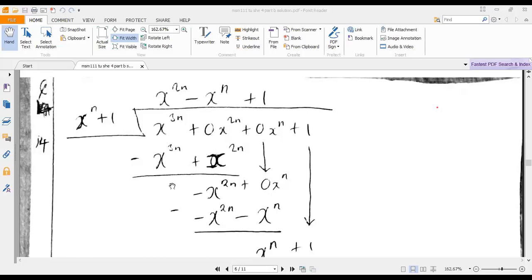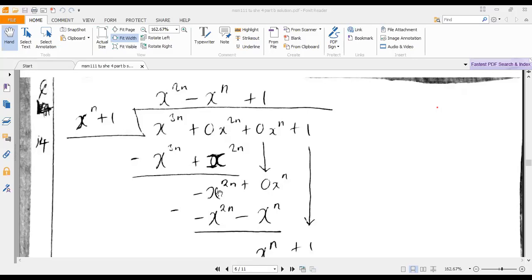This is 0, right? We know that this guy times that guy is this guy here, right? So when you're subtracting, what is 0 minus x to the power 2n, sir? It's negative x to the power 2n. It's the one here, down here now. You have seen it, eh?